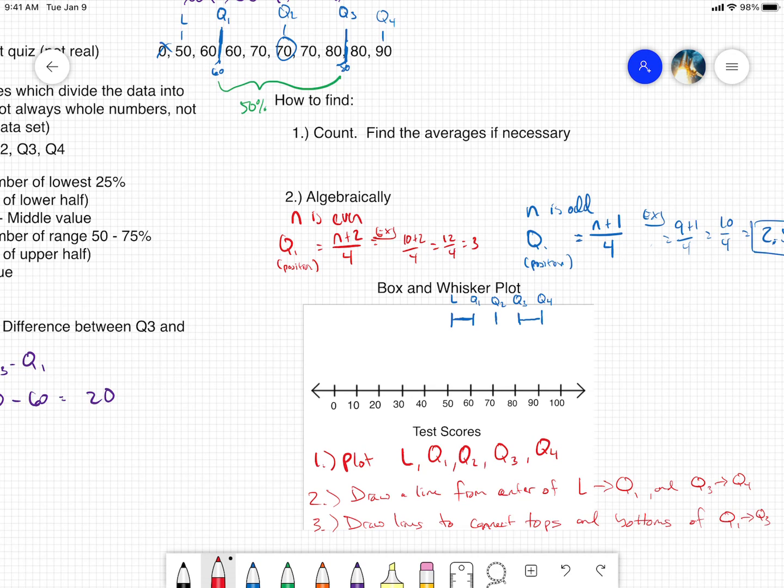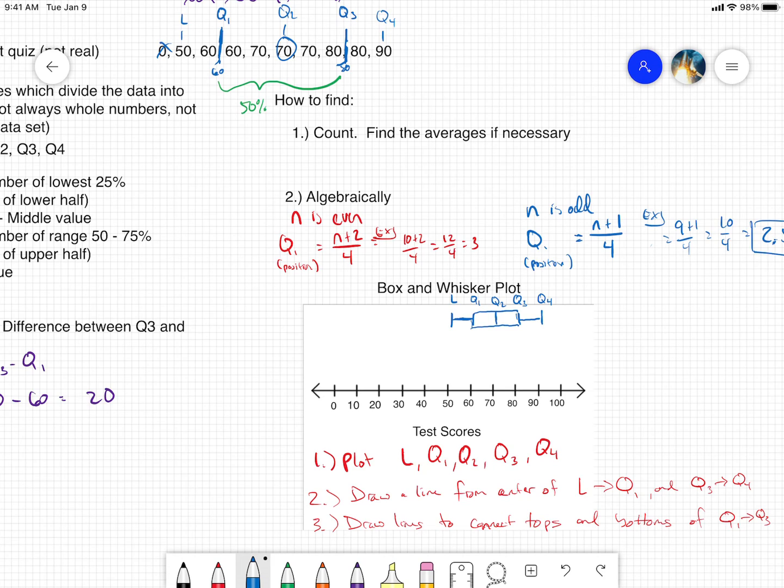Okay? So I'm going to connect the tops of Q1, Q2, Q3, and I'm going to connect the bottoms of Q1, Q2, Q3. Okay. Notice here we have a box, right? That is our third step.